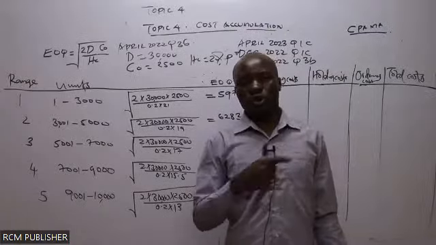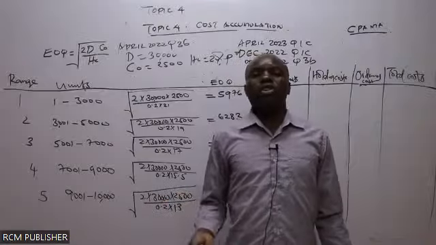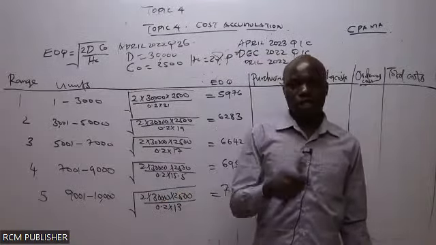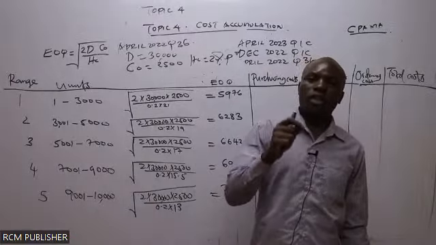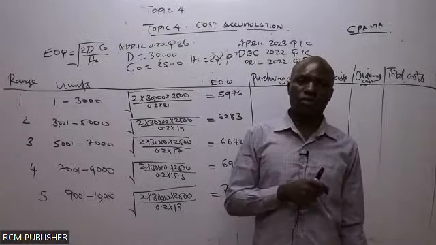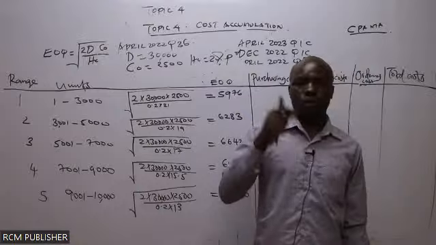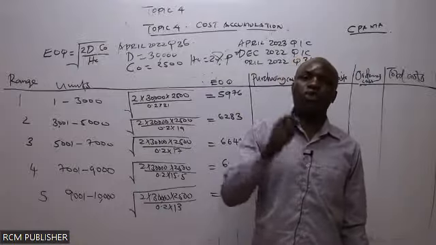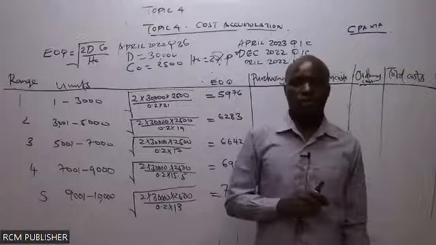We are going to forget about the discount. If our economic order quantity falls within the discount range, we are going to use our economic order quantity.